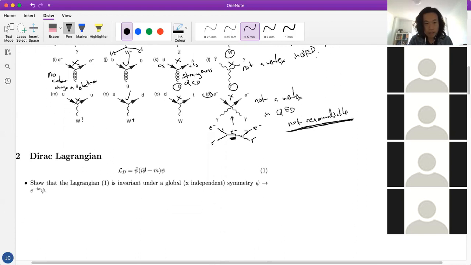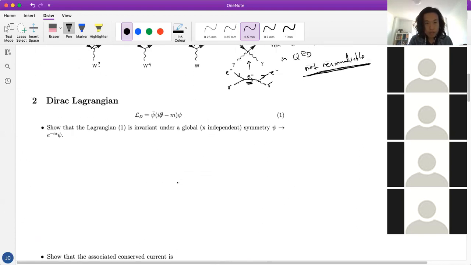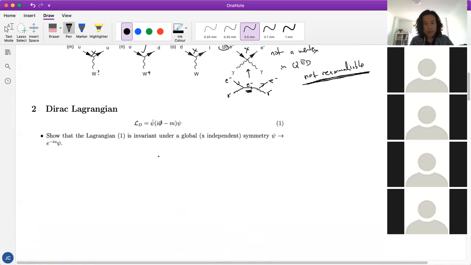Let's have a look at this one. Dirac Lagrangian. Show that Lagrangian 1 is invariant under global symmetry, so not dependent on where you are positionally. And the symmetry is a phase, so you go from your spinor to a spinor multiplied by a phase. Pretty much all you have to do is remember that the adjoint spinor transforms as the complex conjugate of your normal spinor.